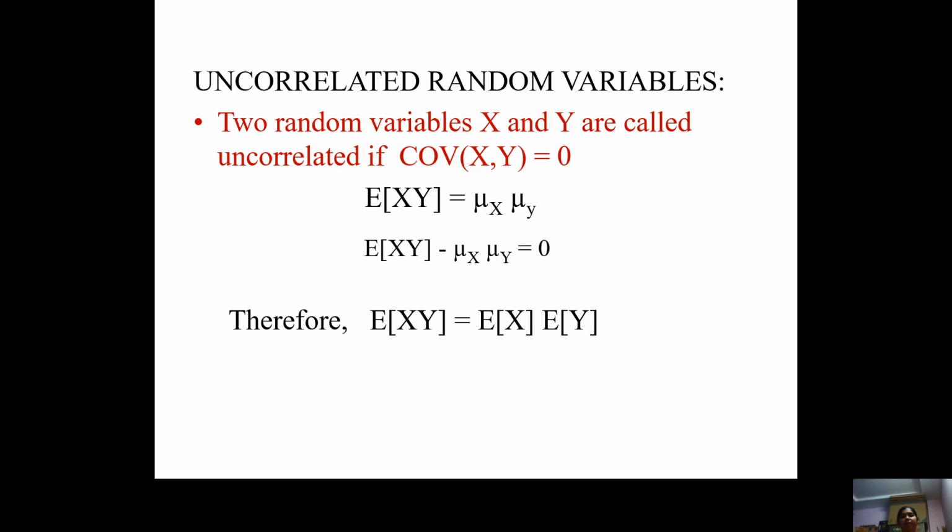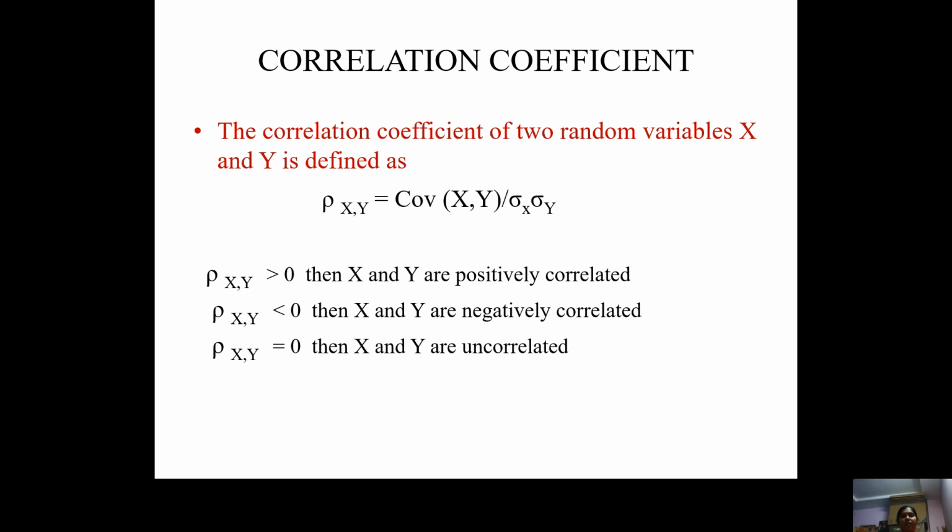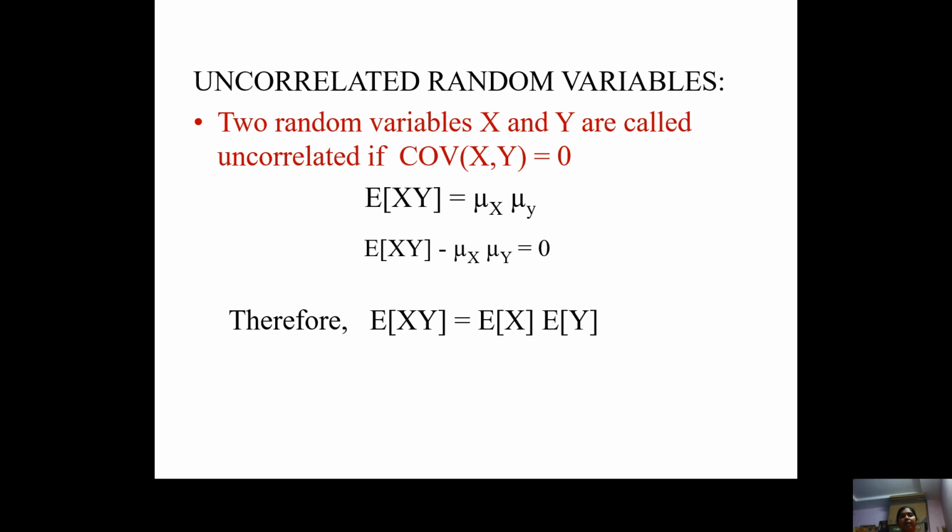Next, uncorrelated random variables. Previously we discussed that if the covariance is 0, two random variables are said to be uncorrelated. So covariance of xy is 0. What will we get? E of xy minus mu x mu y equals 0. Because covariance is 0, sigma square xy will be 0. That means E of xy minus mu x mu y equals 0, which can also be written as E of xy equals mu x mu y.